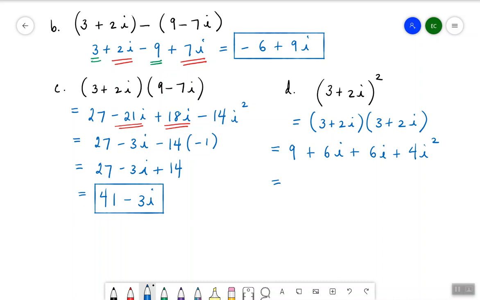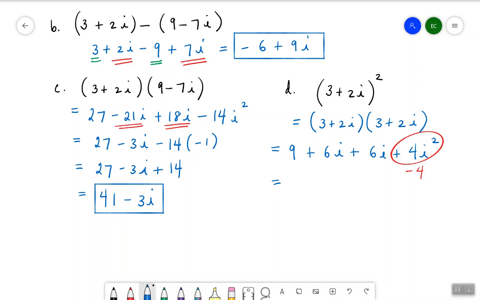And then I wrote out some extra steps in the previous example. What I'd like to do here is just shorten up the process a little bit. And so the plus 4i squared there at the end, what does that simplify to? If i squared is negative 1, then plus 4 times negative 1 gives you a minus 4.